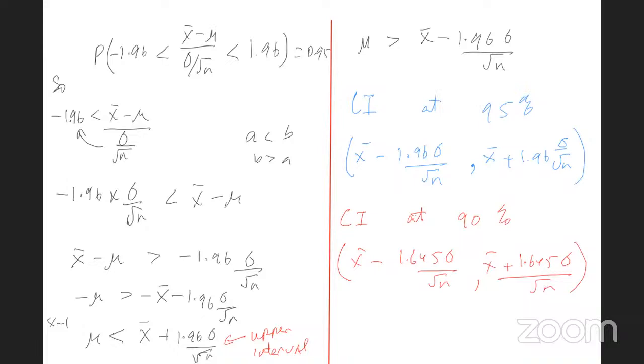And if they change it to 99%, it becomes X bar minus 2.576 sigma on root n, and X bar plus 2.576 sigma on root n.